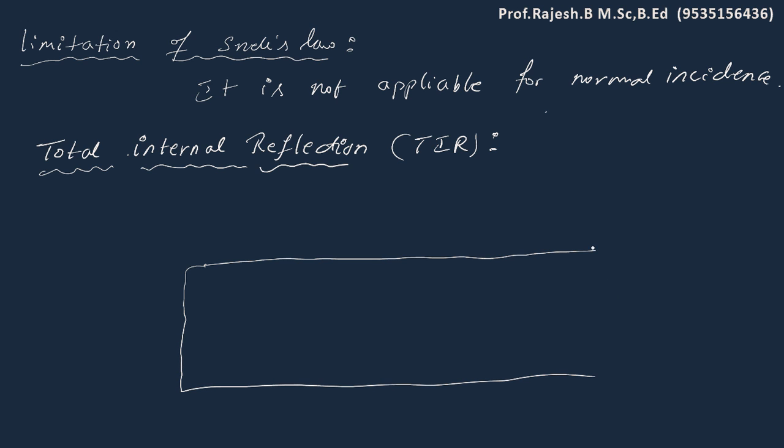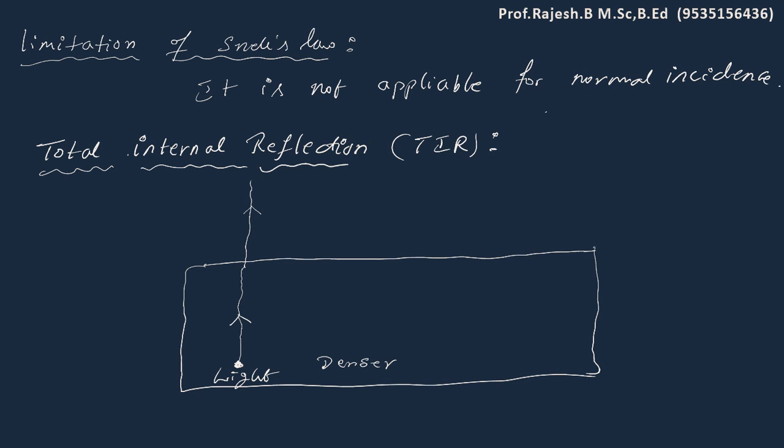Here it will be the denser medium, and in the denser medium I'll place the light source. When the light travels along the normal, it never suffers any deviation, right? It goes straight.